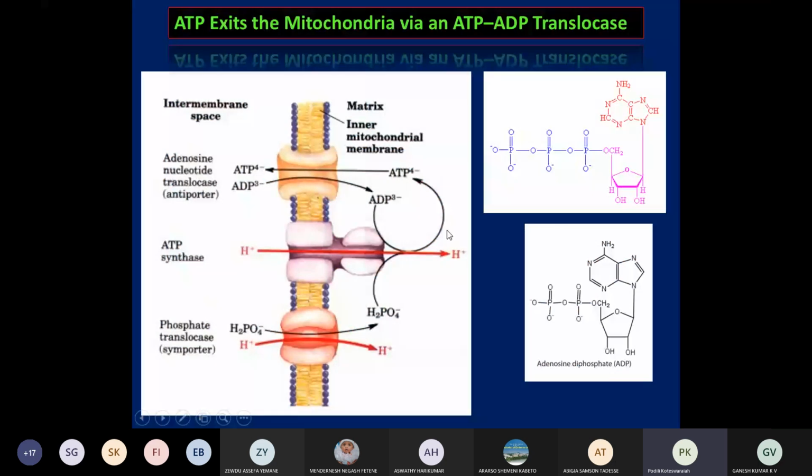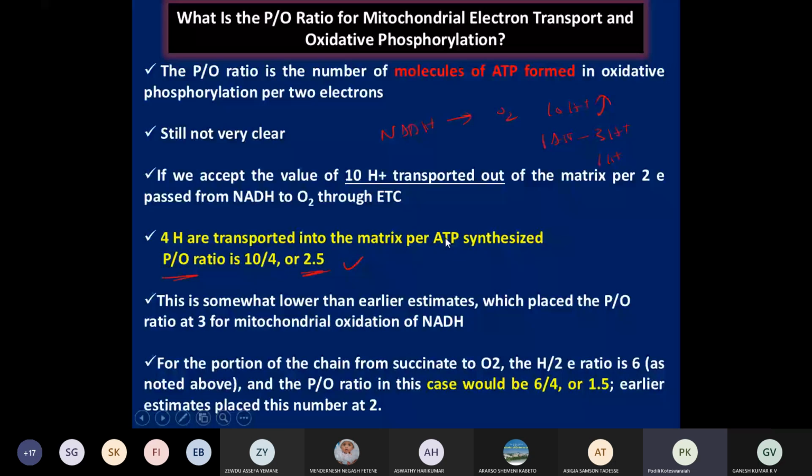Now coming to the last topic, the P/O ratio. It is the number of molecules of ATP formed in oxidative phosphorylation when 2 electrons are transported from NADH to molecular oxygen. We know that 10 protons are translocated during the electron transport chain when NADH is oxidized.